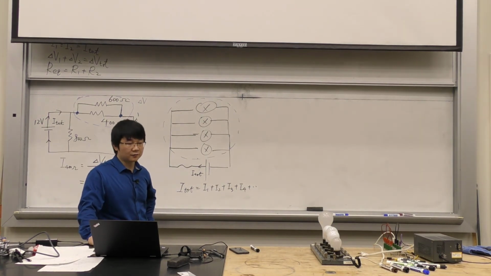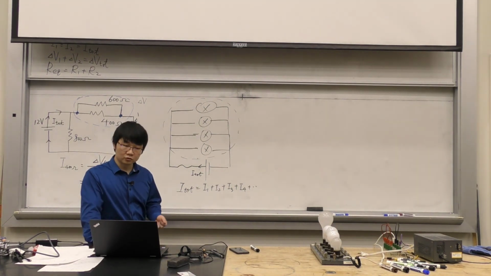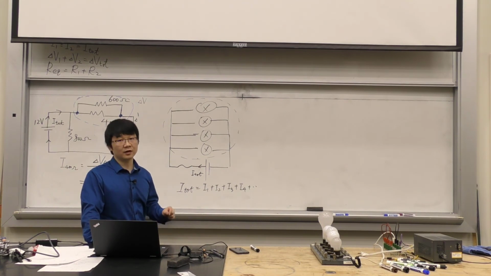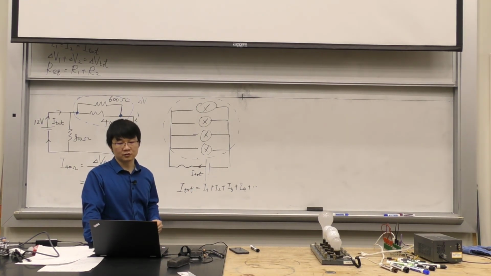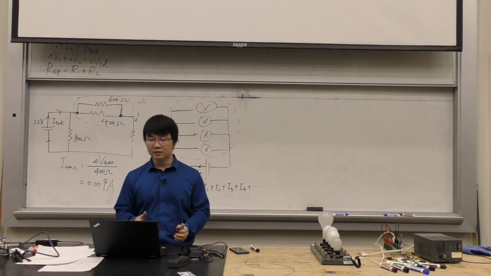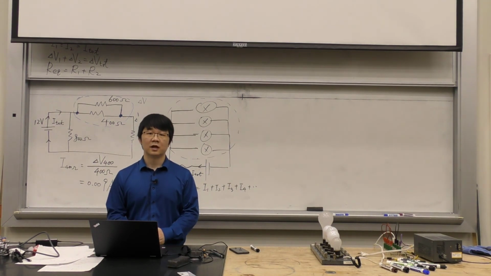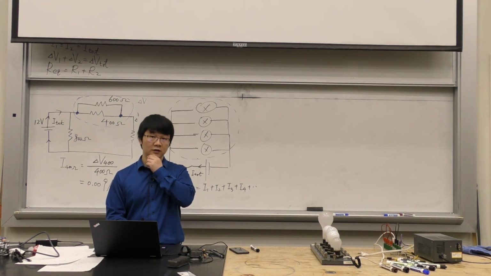Again, as I said, physicists always want to find easy ways to do the math. Sometimes there is an easy way, which is good. Sometimes there isn't. You just have to do the hard work. In this case, there is an easier and more powerful way to analyze a circuit, which is called Kirchhoff's rules.